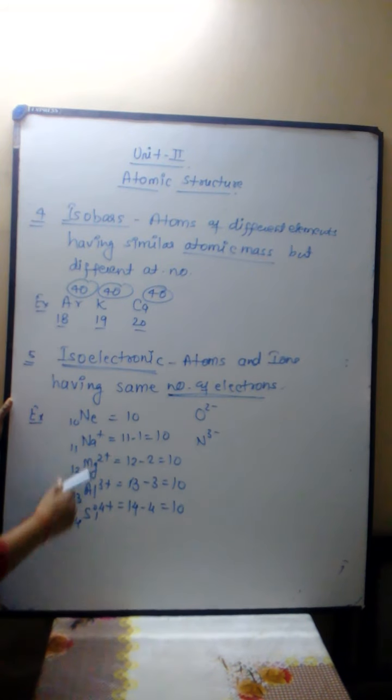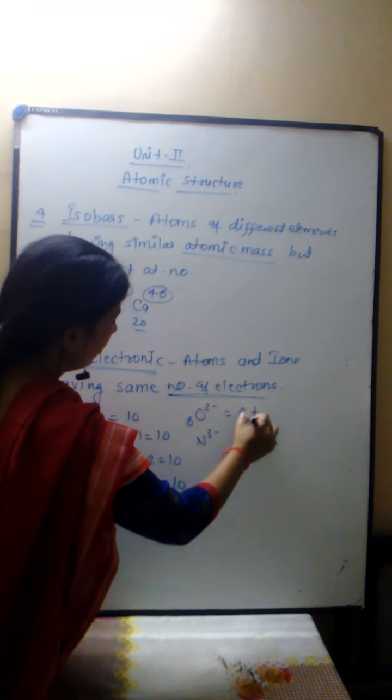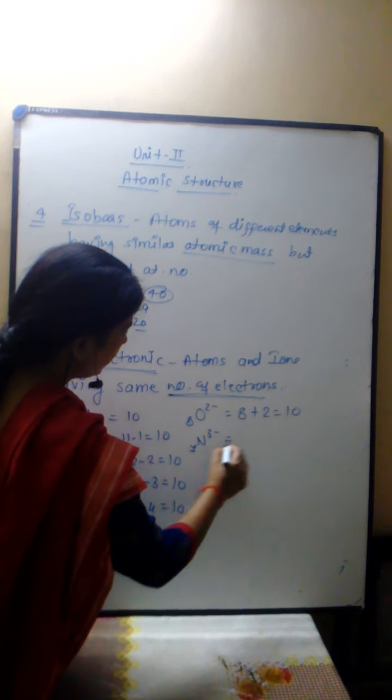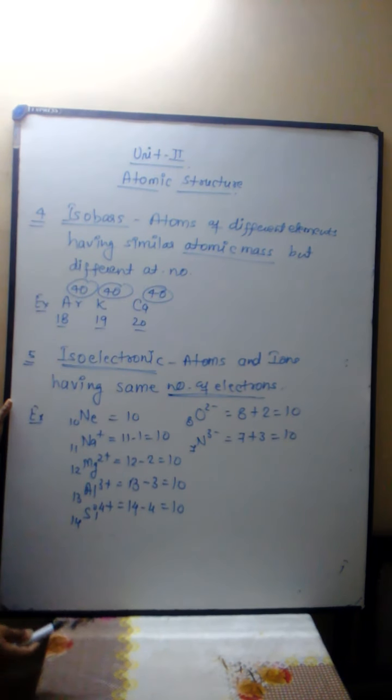Cations are obtained by the loss of electrons. Similarly for anions: oxygen atomic number is 8, 2 negative, gaining 2 electrons, having 10 electrons. Nitrogen 7, gaining 3 electrons, containing 10 electrons. So all these species are isoelectronic with each other, having the same number of electrons.